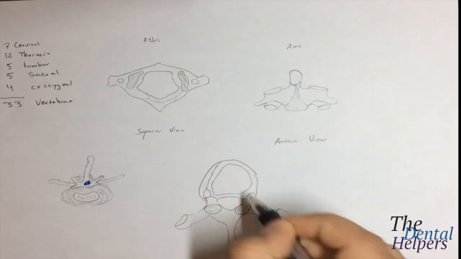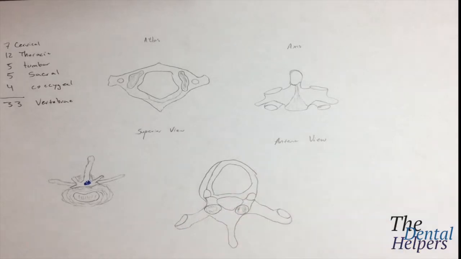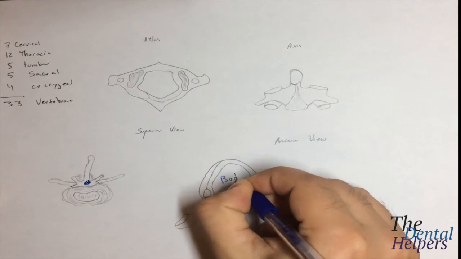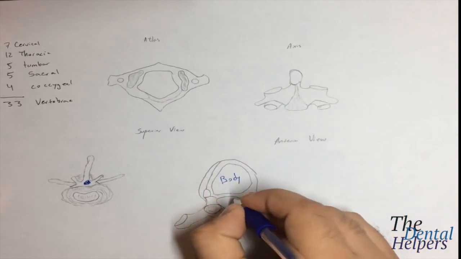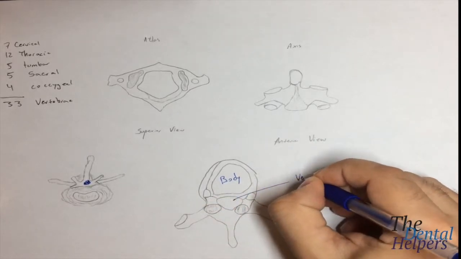So this is the general vertebrae structure. So we're going to have this big area right here as the body. This hole right here is the vertebral foramen.